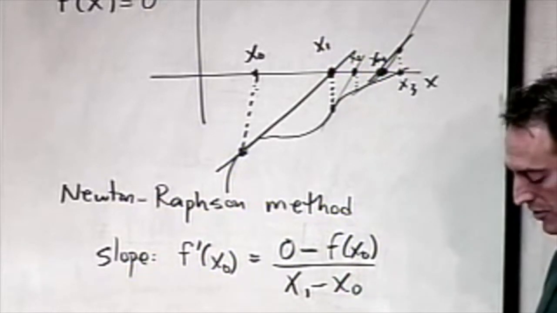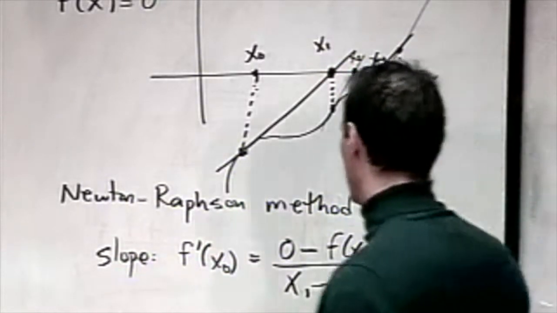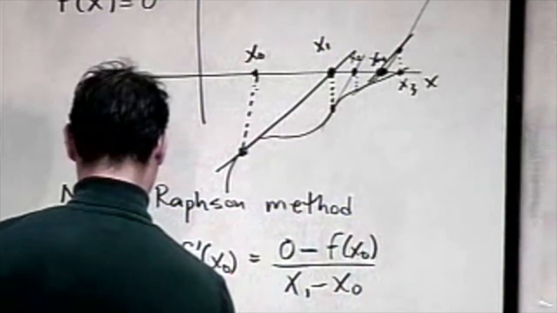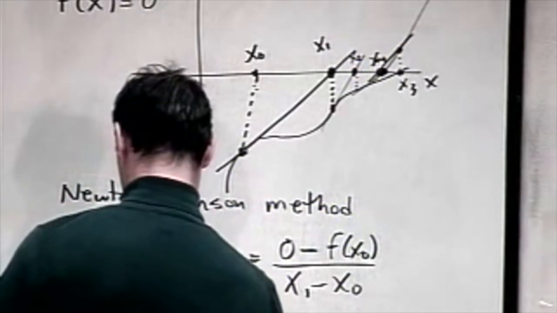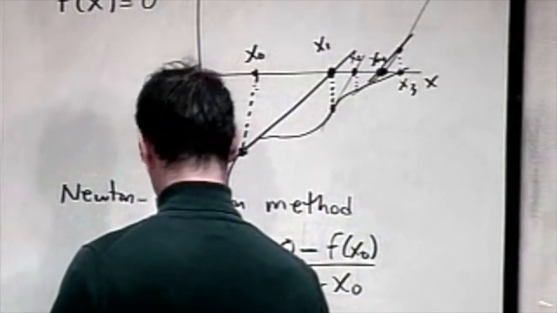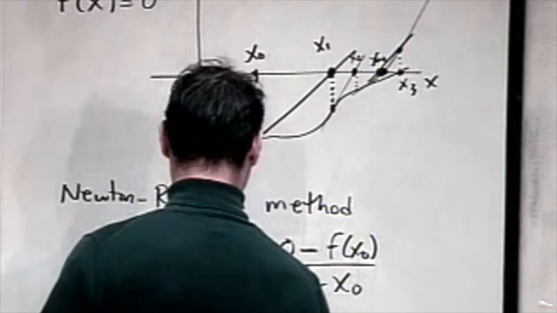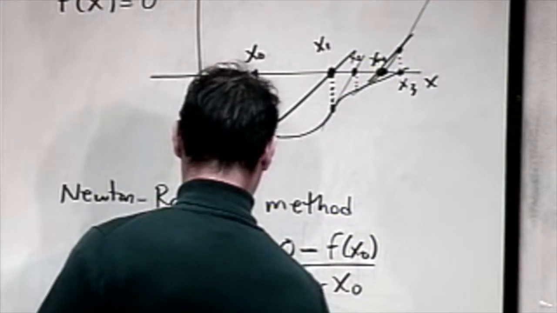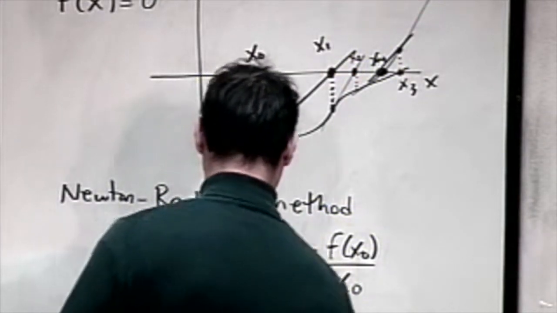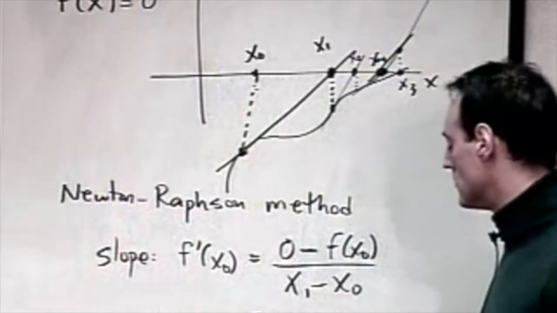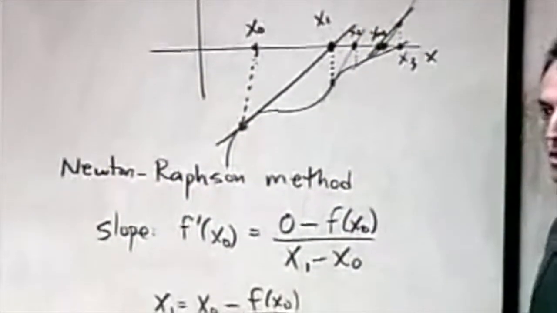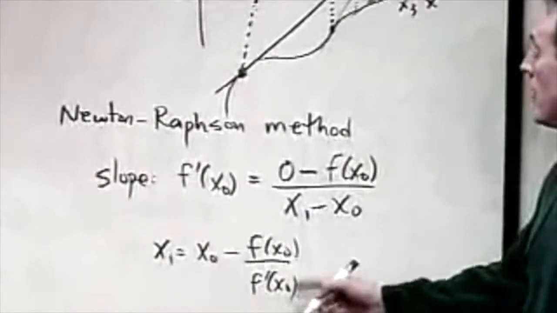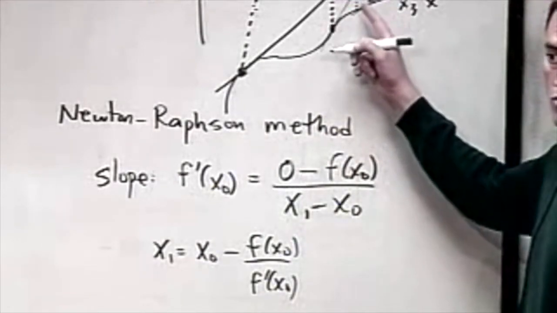That simple observation leads to the following formula. If I do this, I get x1 is equal then to x0, just solve for x1 in this thing, minus f of x0 over f prime of x0. Or more generally, that was just for this, but that's really the process I do for all of them.